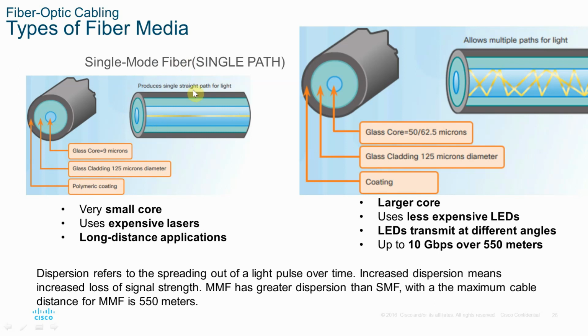This is used for long distance communication. This one is multi mode fiber. Here we use a bigger core, and LEDs transmit data at different angles, not in a single direction, but in multiple directions. It is used for a lesser range, 10 Gbps up to 550 meters, for communication inside the LAN.